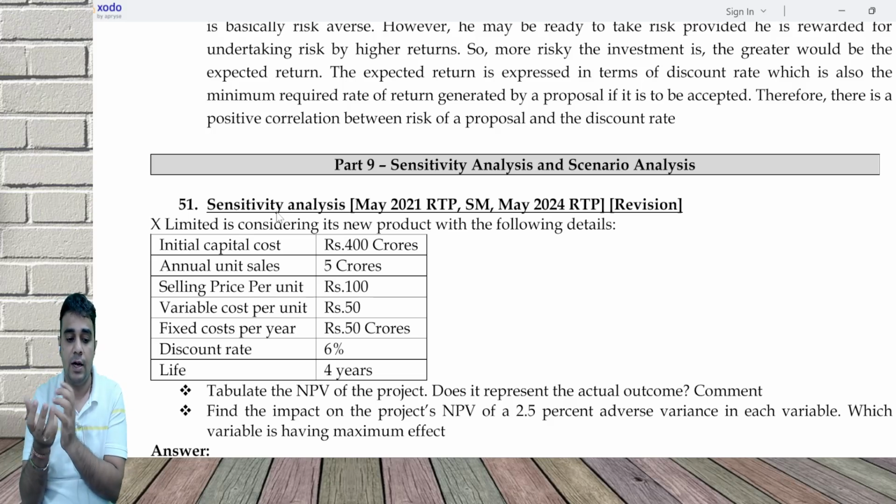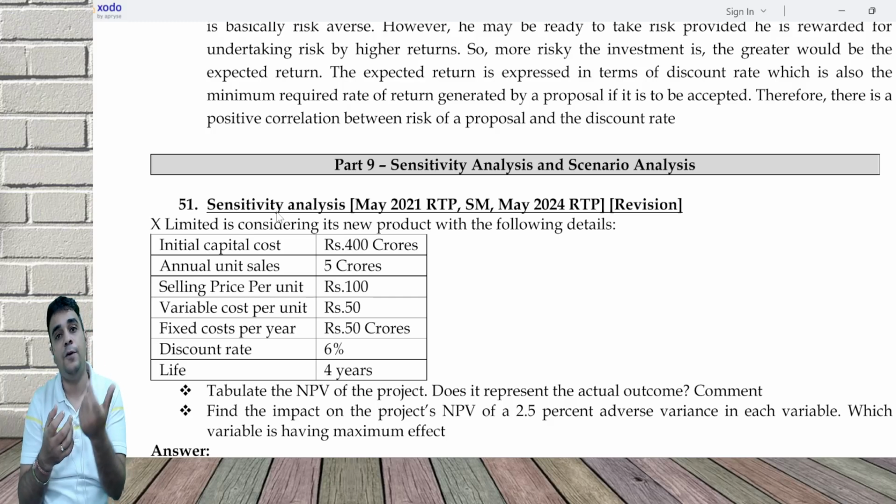What are the changes? Initial outlay can increase, unit sales can go down, selling price can go down, variable cost can go up, fixed cost can go up, discount rate can increase. Life we will not be able to do, because I cannot calculate for 3.4 minus 2.5%. Life, if you want to do, you will have to do only through approach 2.